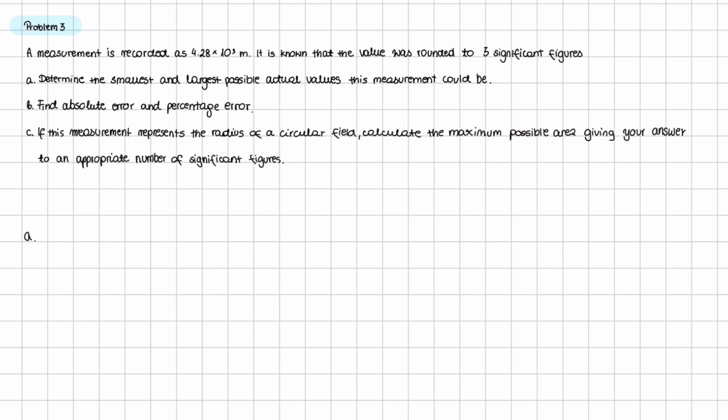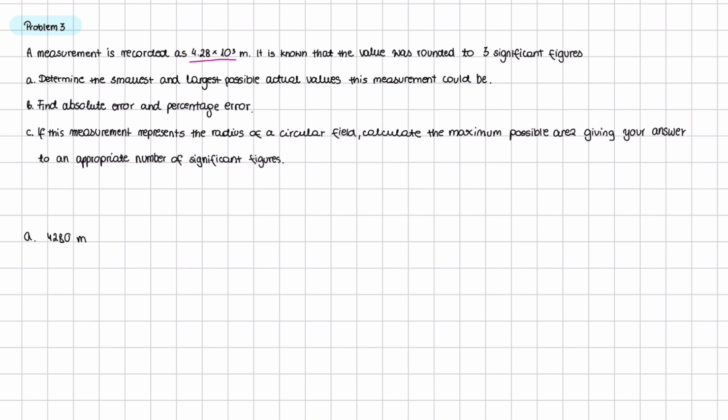So we can write our number in standard form, basically multiplying 4.28 times 1000. So it is 4280 meters.